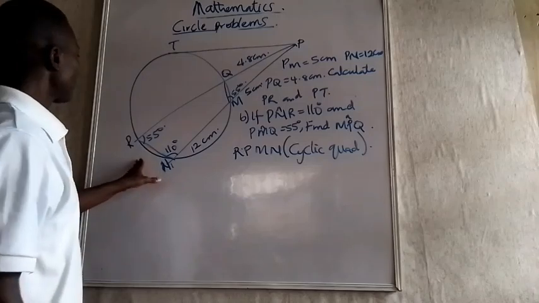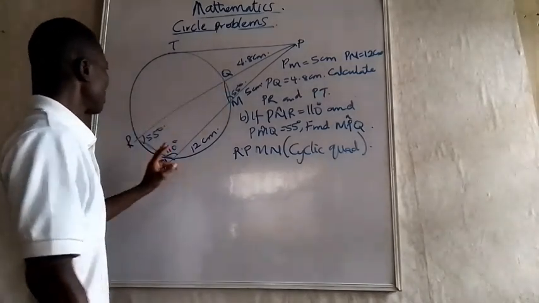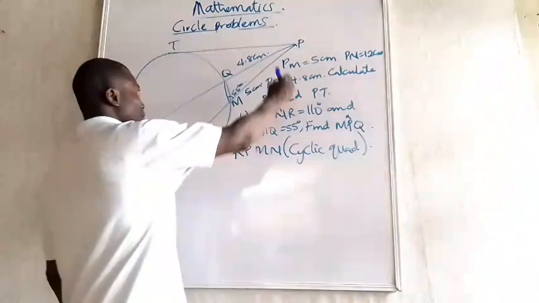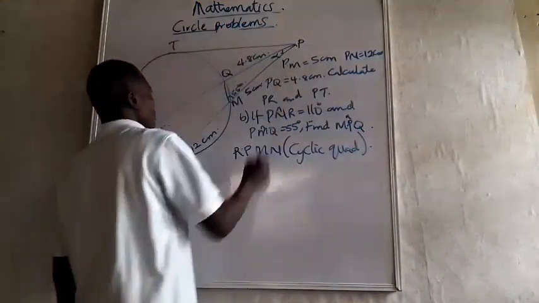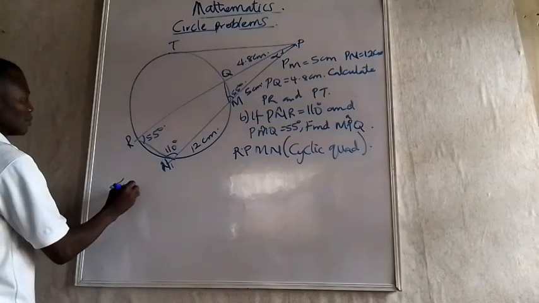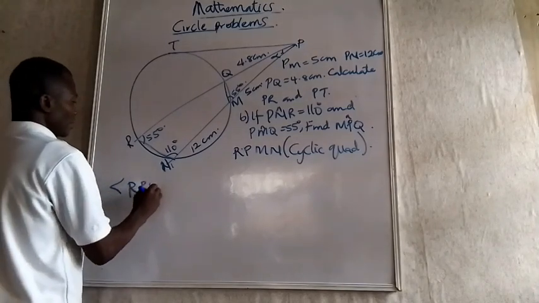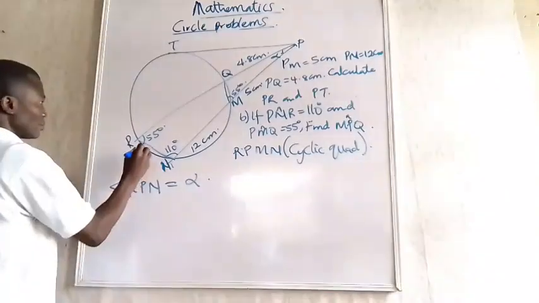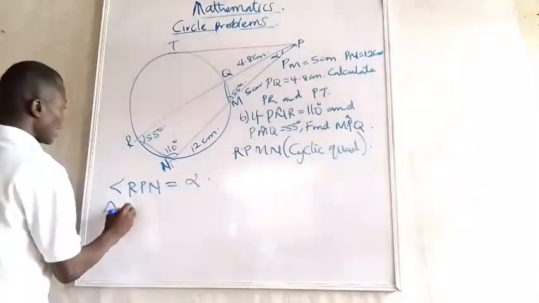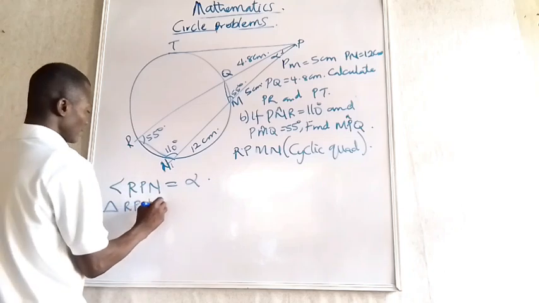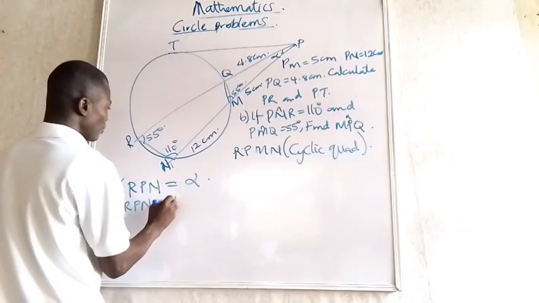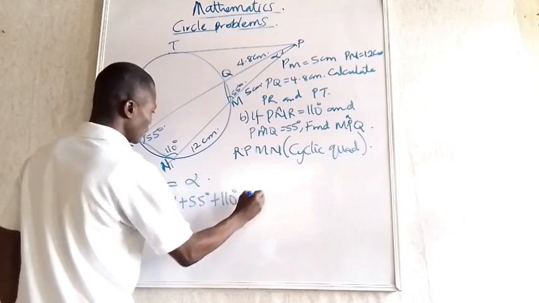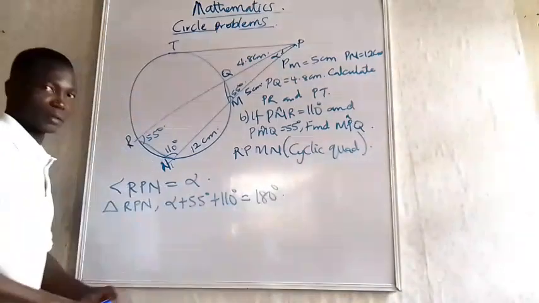And now we have triangle PRN. The total angle in the triangle should be 180 degrees. So let's call this one alpha. So angle RPN is equal to alpha. And in the triangle RPN, alpha plus 55 plus 110 should give us 180 degrees.